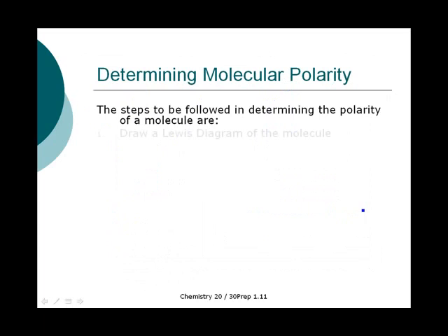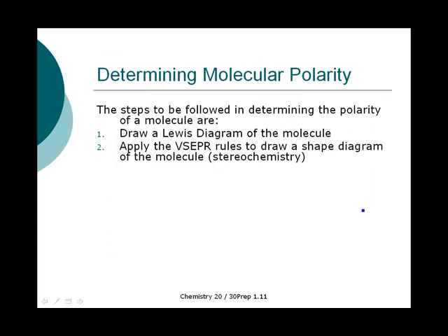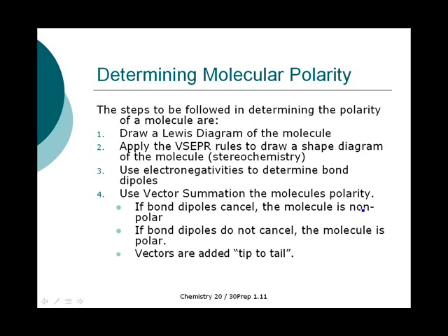So in order to determine molecular polarity, we draw the Lewis diagram of the molecule, we get the VSEPR rules out, and we draw the shape diagram, and then we use electronegativities to determine if there are bond dipoles. Once we know that, we add up our vectors, and if our bond dipoles don't cancel out, then we end up with a polar molecule.